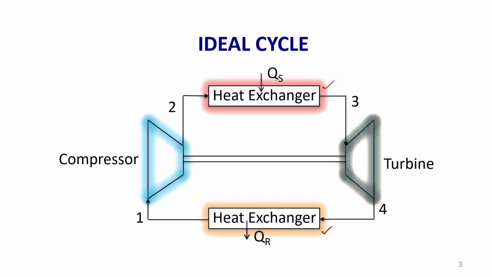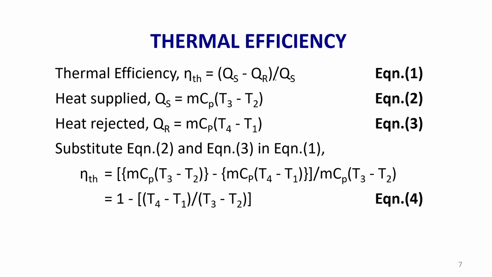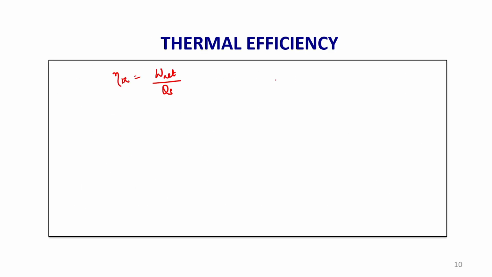So, net work done is heat supplied minus heat rejected, divided by heat supplied. Like before, divide the numerator by denominator: Qs by Qs is 1, so 1 minus Qr divided by Qs. This will be equation number 1.